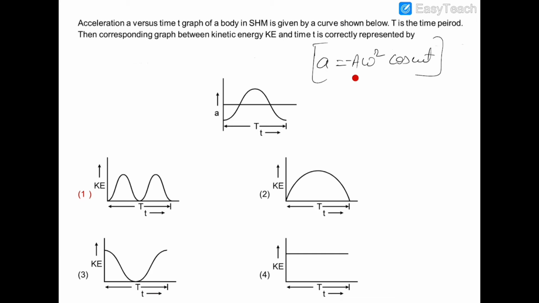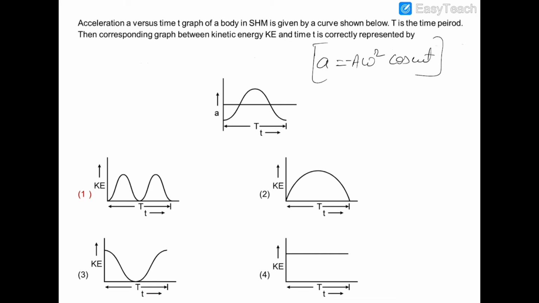So if we have to find out the kinetic energy, we can integrate the acceleration to get the velocity. So integrating cos omega t will give sin omega t and with a negative sign. But we know that the kinetic energy is a function of v square.